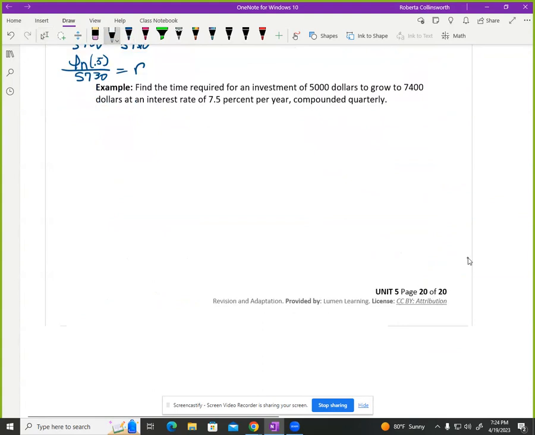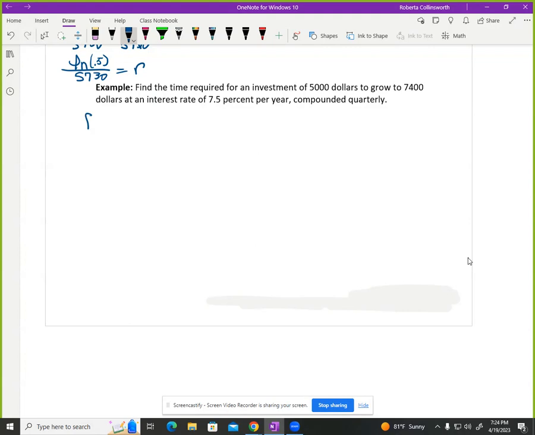This problem is a compound interest problem. It says find the time required for an investment of $5,000 to grow to $7,400 at an interest rate of 7.5% per year compounded quarterly.